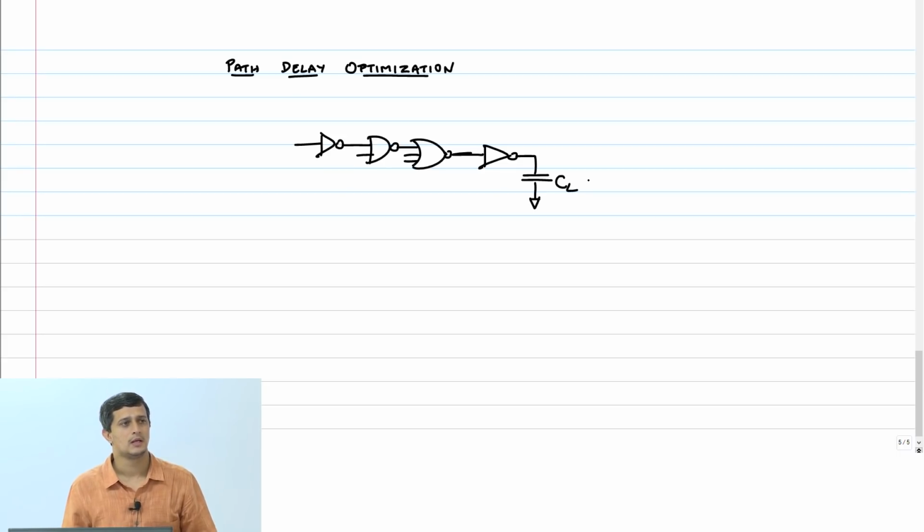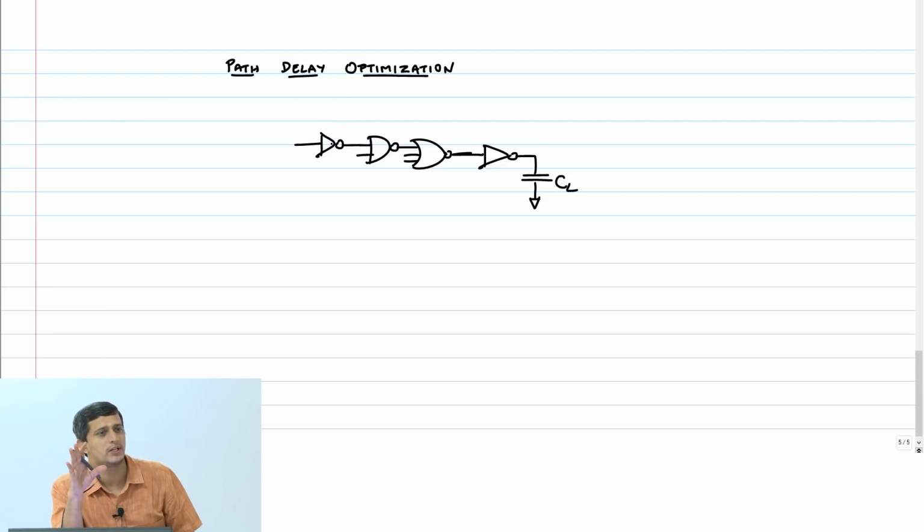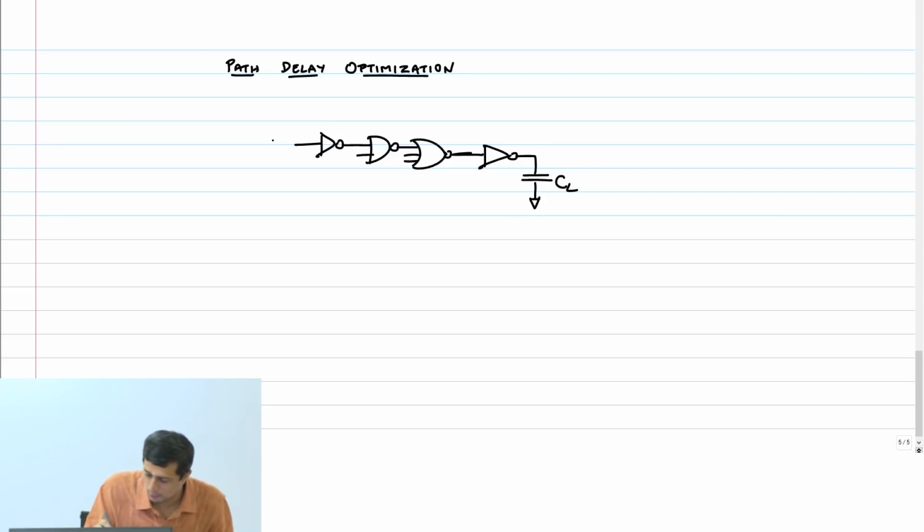I want to find the sizes of these gates which will minimize the delay between point A and point B. I want to minimize the delay between A and B.